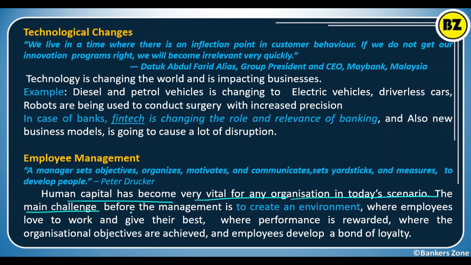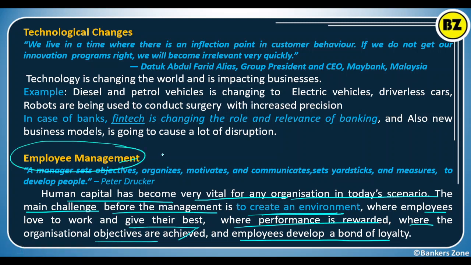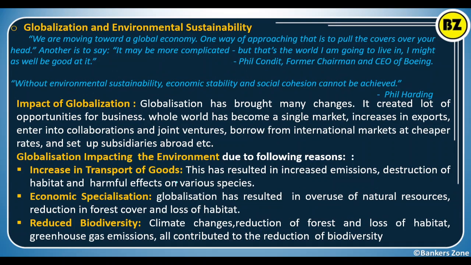The main challenge before the management is to create an environment where employees love to work and give their best, where performance is rewarded, where the organization's objectives are achieved, and employees develop a bond of loyalty. So the most important thing in employee management is the environment. Only if a proper environment is available can employees do their best and achieve the objective of the organization.